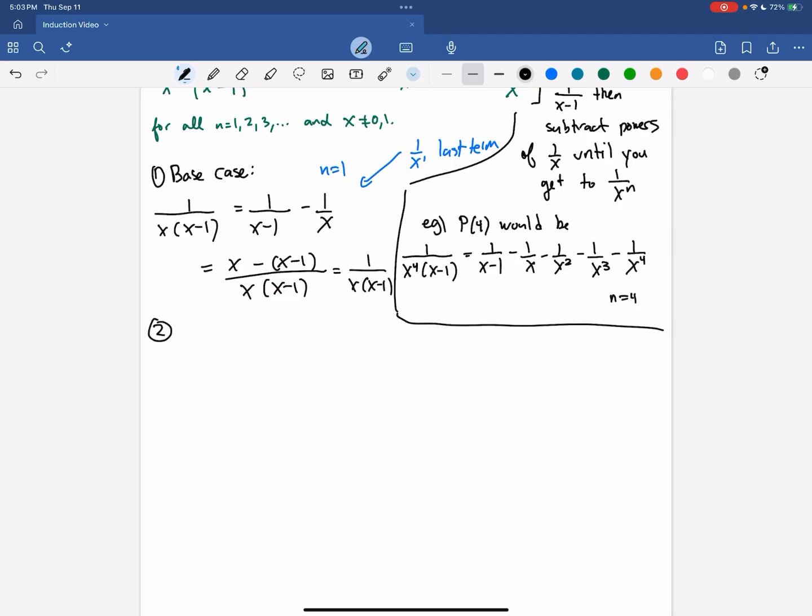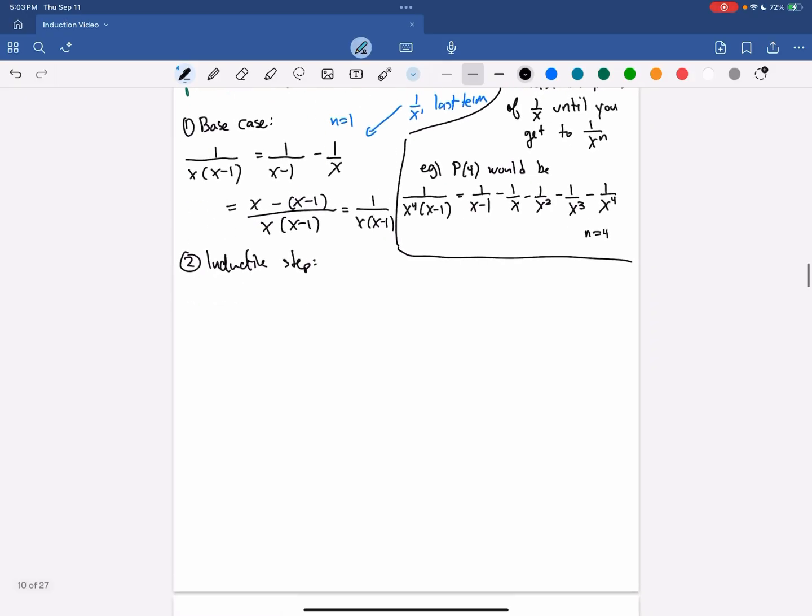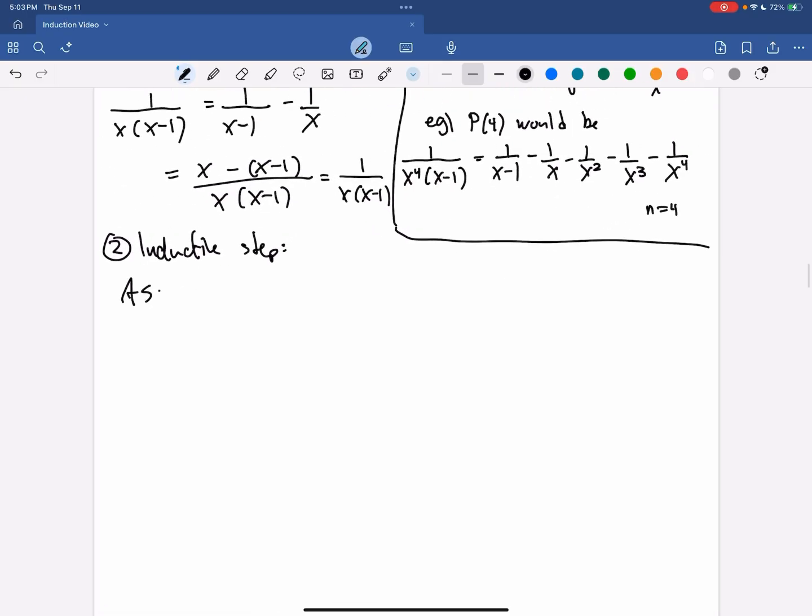All right, so now let's do our inductive step. We will assume that n is equal to k is true.